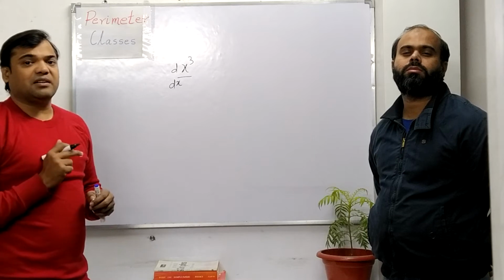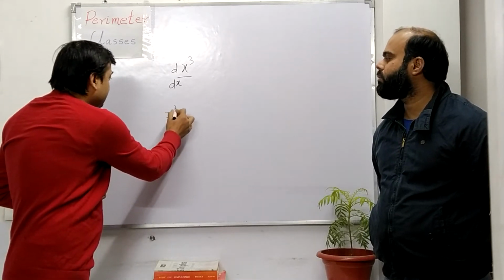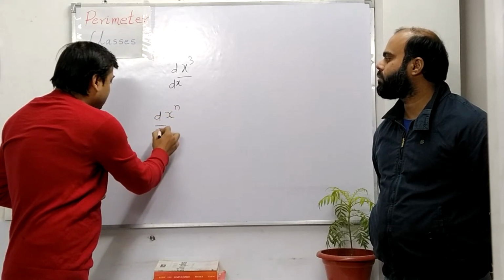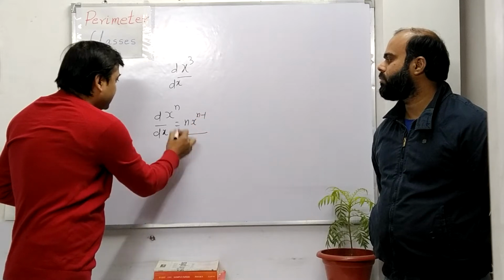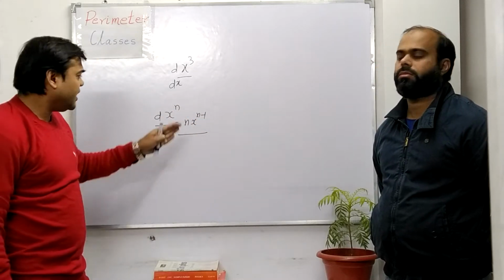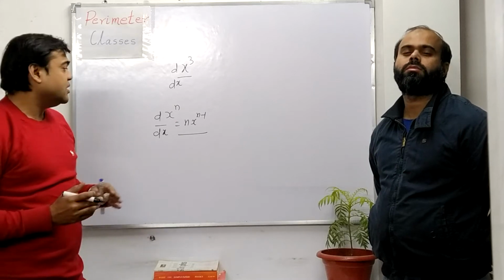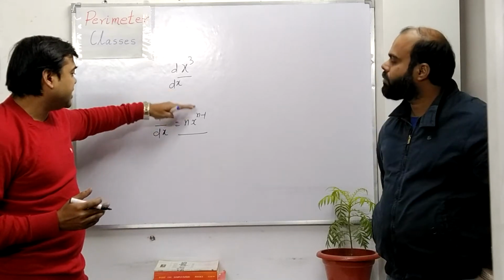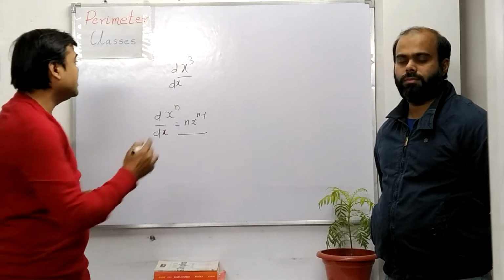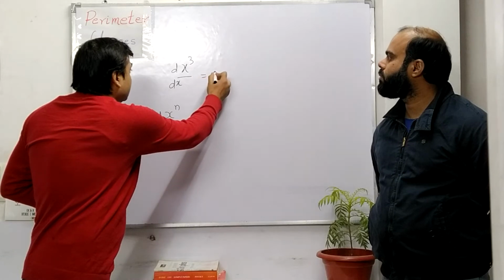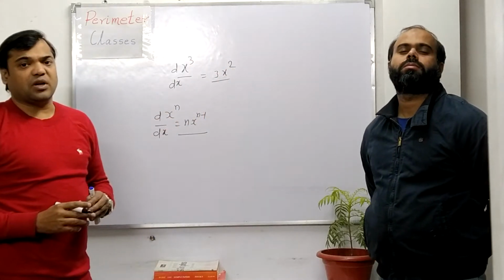In the last lecture we also gave you a formula that if you calculate the differentiation of x to the power n, then the result is n into x to the power n minus 1. And you have seen the derivation part also and the geometrical meaning part also. But here I am going to simply apply this formula to calculate the differentiation of x to the power 3. So here the differentiation you will get is simply 3 into x square.